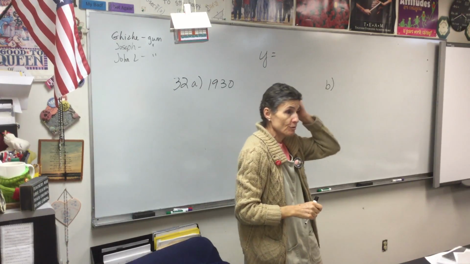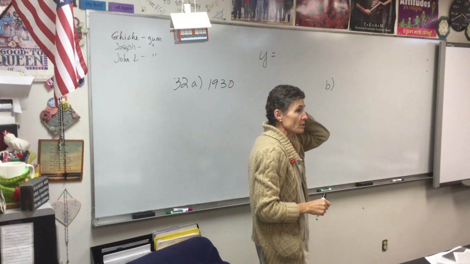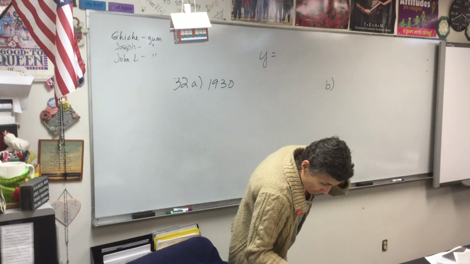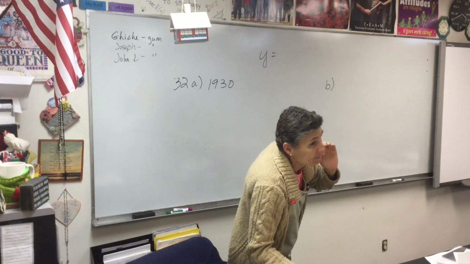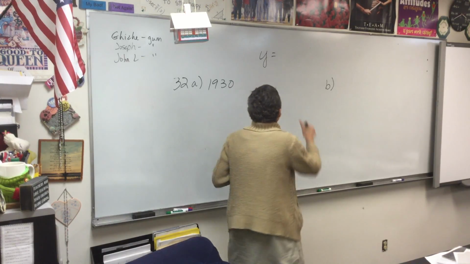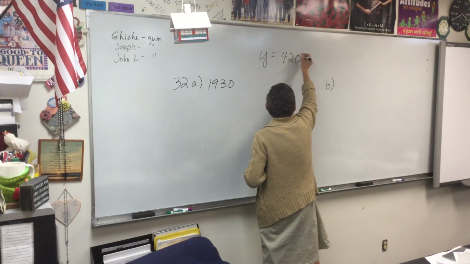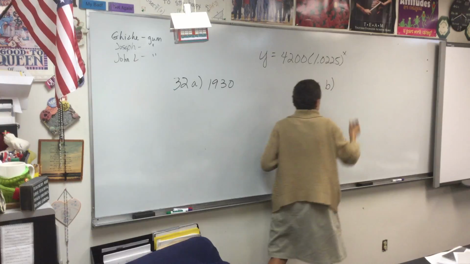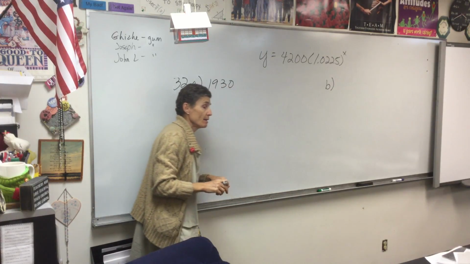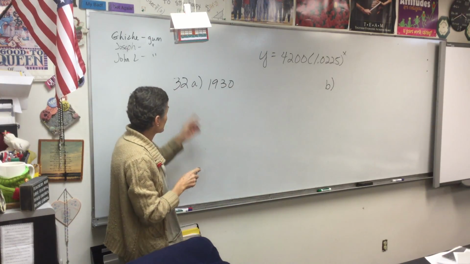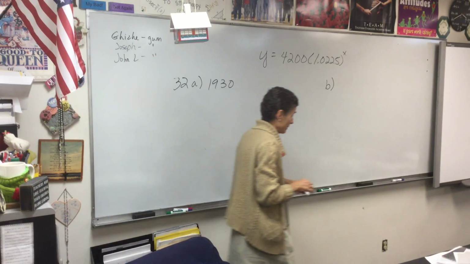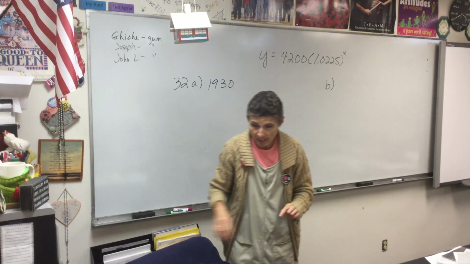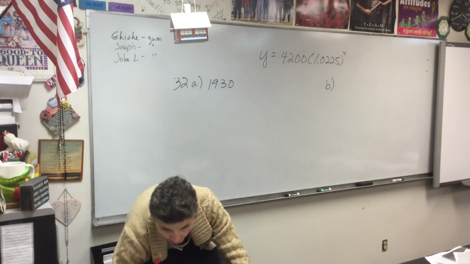What equation are you using? Let's make sure we're using the right equation. 4200, and then 1.0225 to the x. So your equation should be 4200 times 1.0225 to the x. Everybody should be using that equation to solve these two problems. So if you think you got one of them figured out, please come up and put it on the board for us.